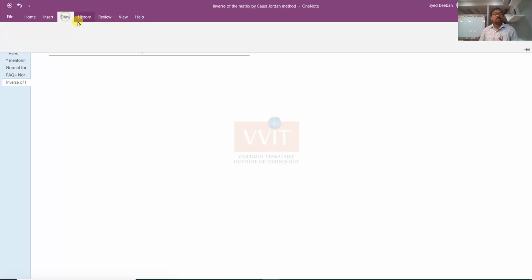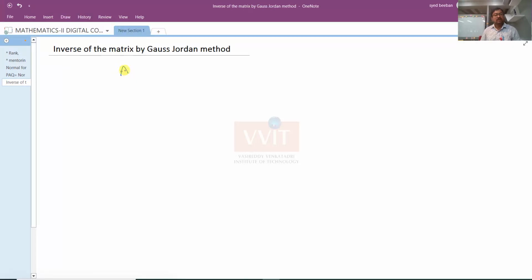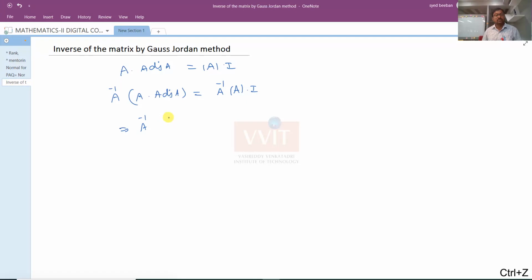What we usually tried earlier is A into adjoint A equal to determinant of A times I. Then pre-multiplying with A inverse: A inverse times A into adjoint A equals A inverse times determinant of A into I. A inverse times A will be I, the identity.